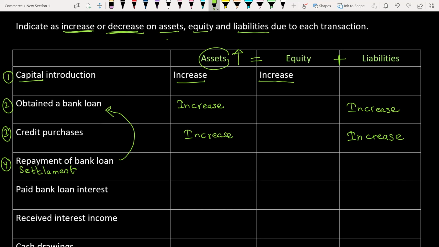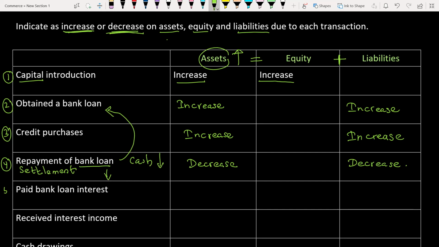Because when the business settles a part of the bank loan, cash of the business will decrease because there is a cash payment. On the other hand, the liability called bank loan will reduce. So our impacts are assets decrease, also liabilities decrease.